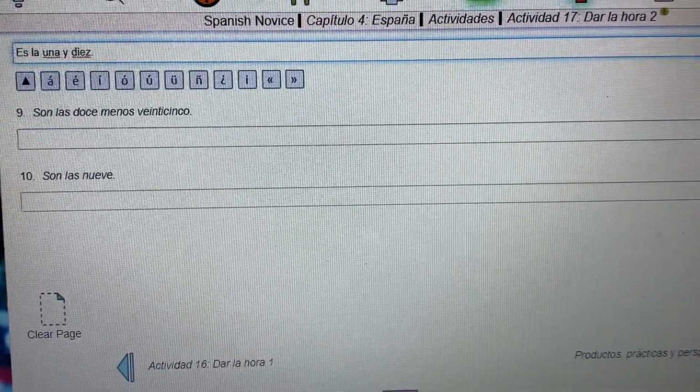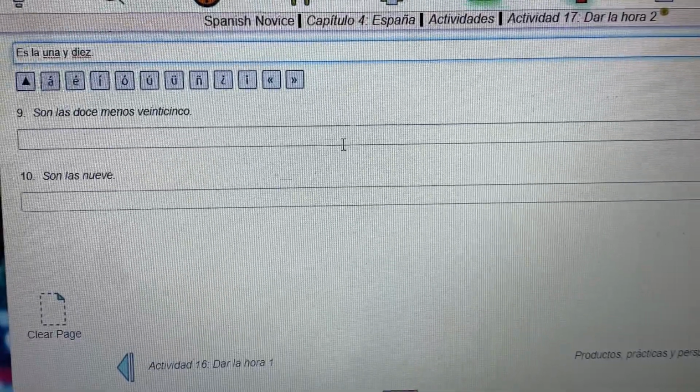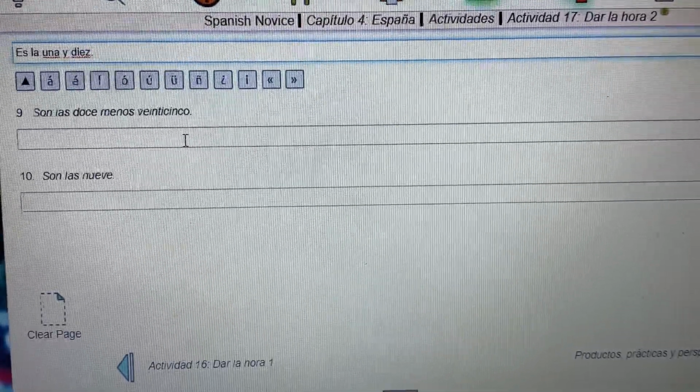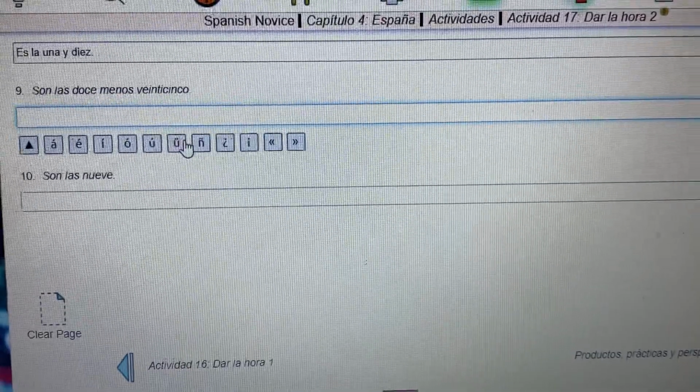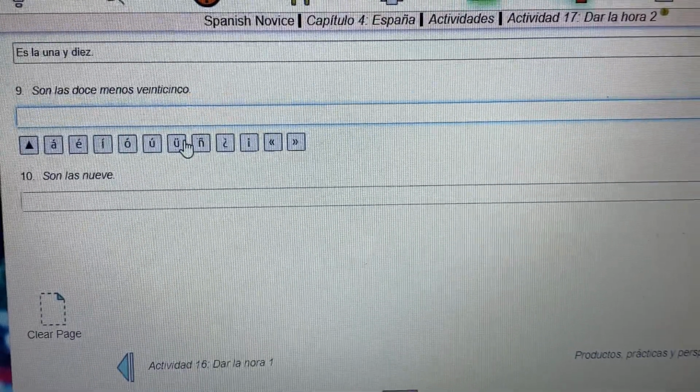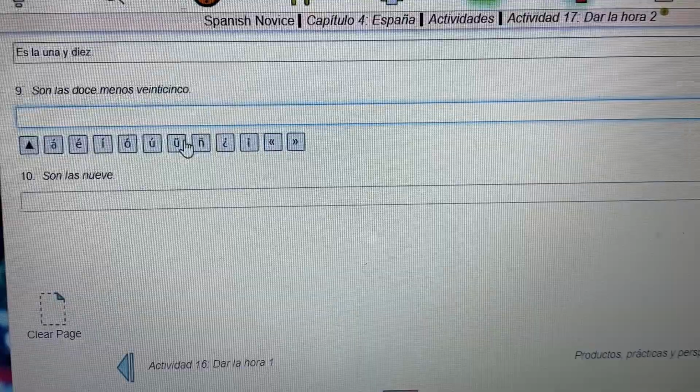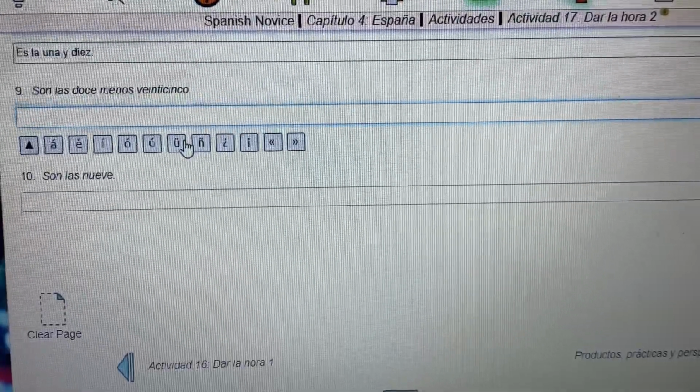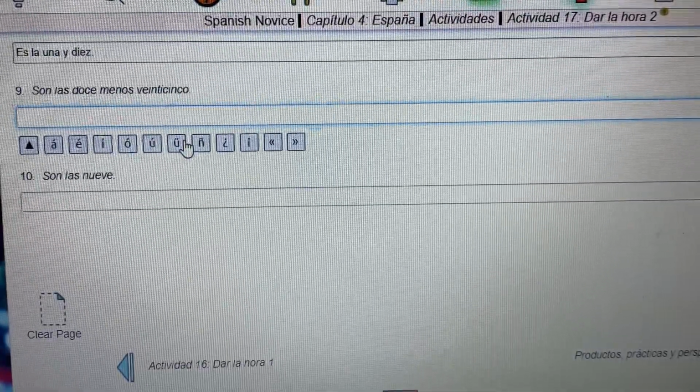So for number 9, son las 12 menos 25. So that's telling us that it's 11:35. 60 minus 25 is 35.